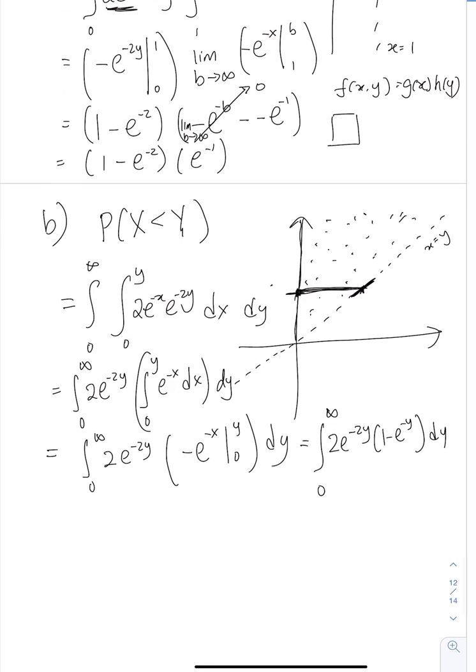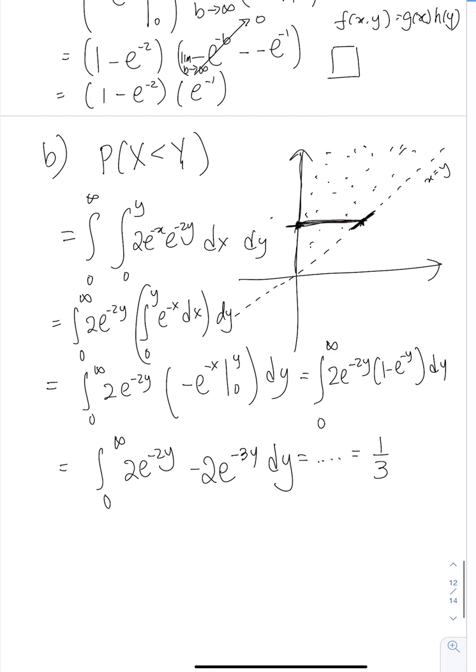Now it's just the integral of one variable. I'll let you fill in the gaps, and this turns out to be 1/3. This is just standard integration.